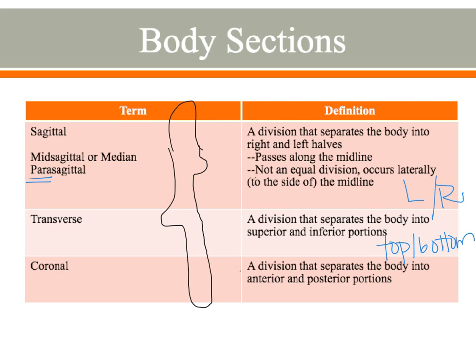If we wanted to divide this woman into a front half and a back half, we could do a cut just like that. So if she were to break into two pieces, we would have a front or an anterior portion, a belly side, and we would have a back or a posterior portion, but there would still be two halves.